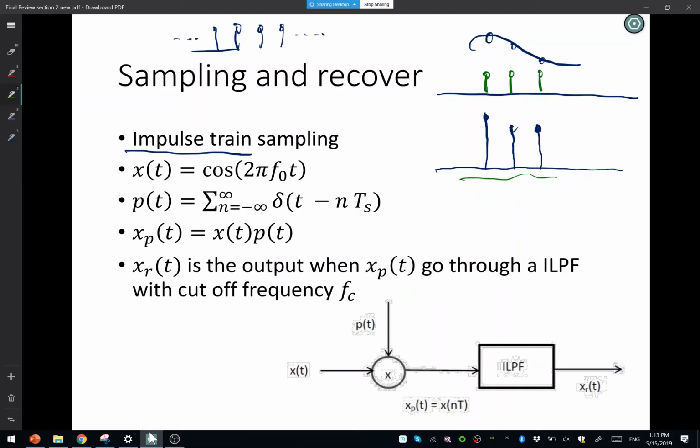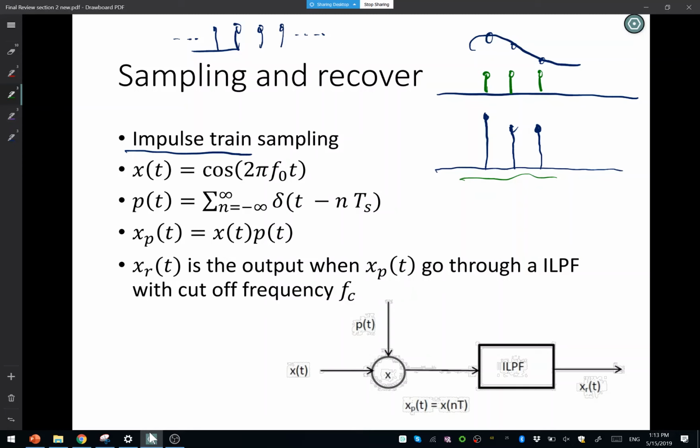To explain this process mathematically, you first have a continuous signal. We just use a cosine to illustrate things in an easier way. Then the impulse train is p(t), a group of delta functions, each shifted by nTs, where Ts is the sampling period.